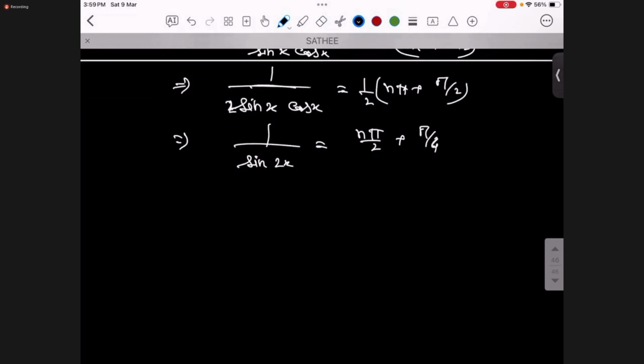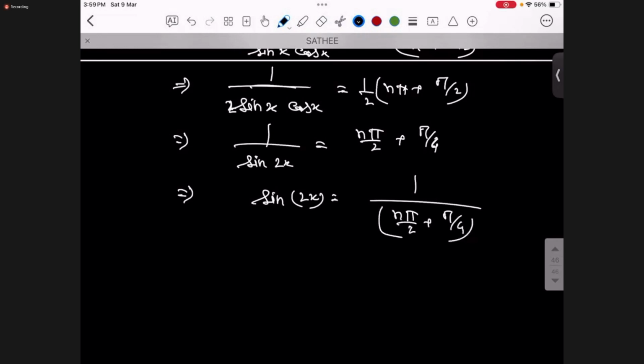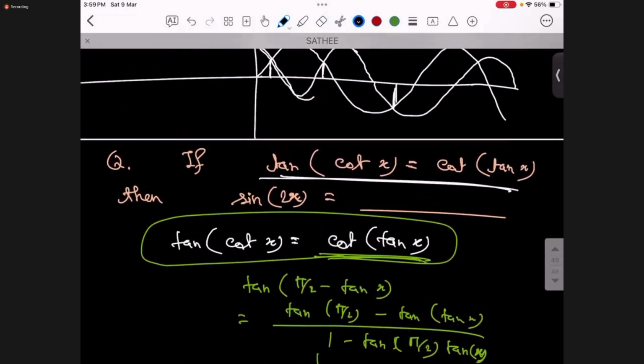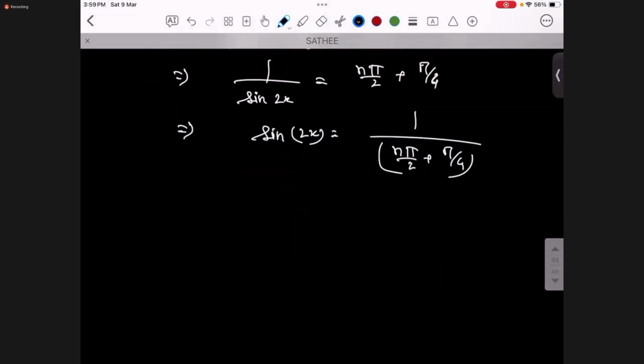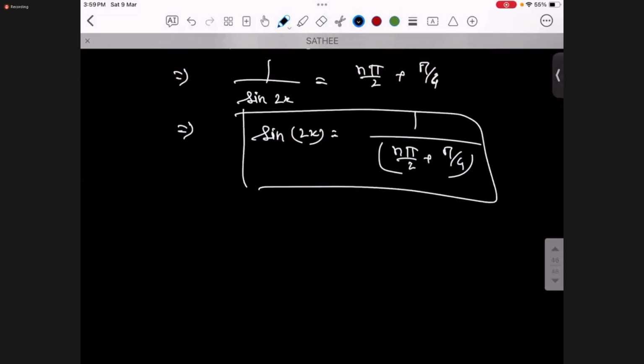So, what we will get from the formula for sin 2x? So, sin 2x equals 1 by n pi by 2 plus pi by 4. Yeah. So, thus we can obtain the value of sin 2x.